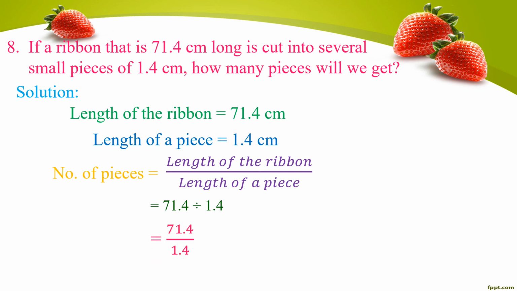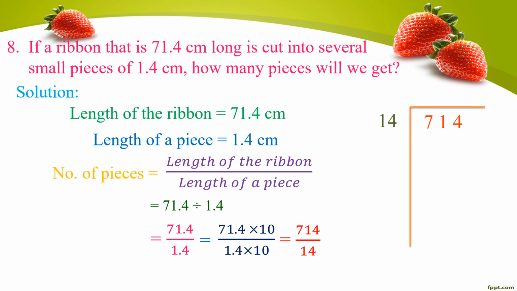The divisor has one number after the decimal point. So we have to multiply by 10. On multiplying the numerator by 10, we get 714 as numerator. On multiplying 1.4 by 10, we get 14 as denominator. Now the dividend is 714 and the divisor is 14.